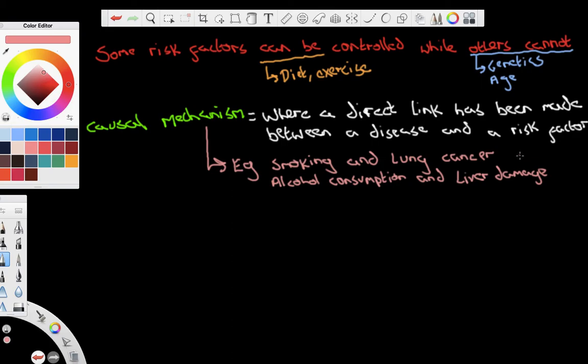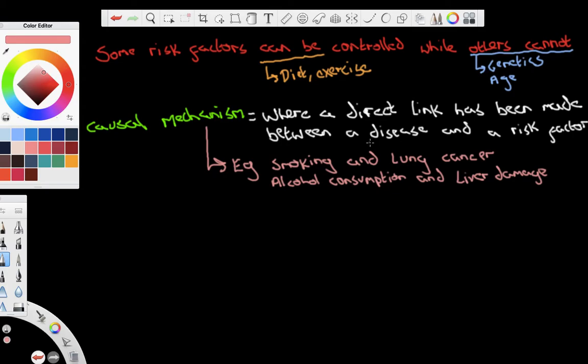Now, this is not the case for everything. We cannot say that a poor diet 100% on its own causes diabetes. We can't say that a viral infection 100% causes cancer, such as HPV. If you have HPV, you're more likely to get ovarian cancer.